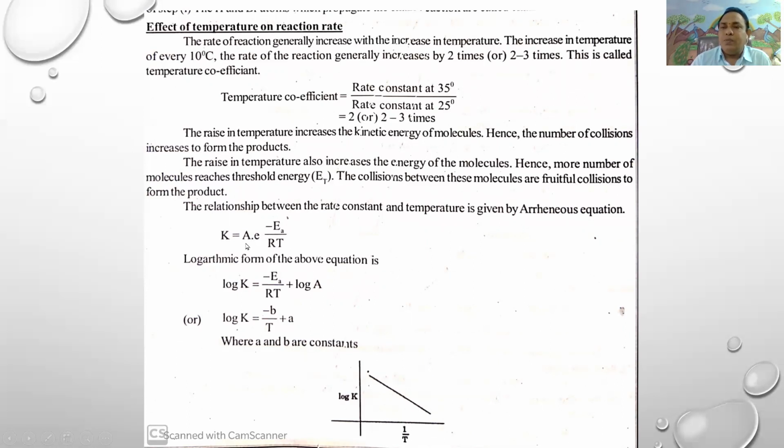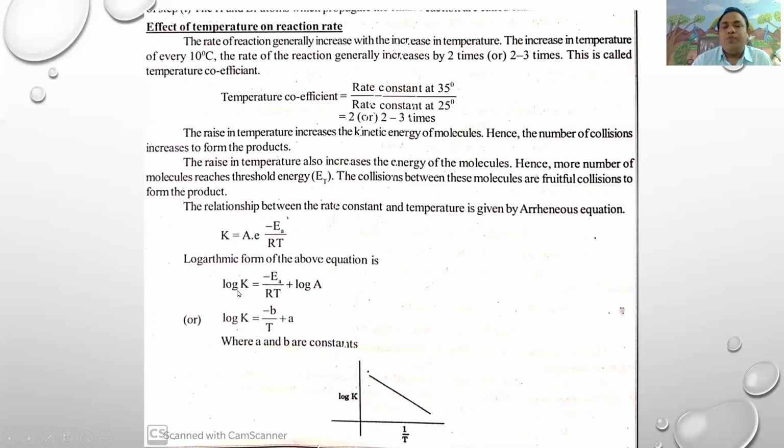Apply logarithm on both sides. Here log K equals minus EA by RT plus log A. This is similar to the general equation y equals mx plus c.